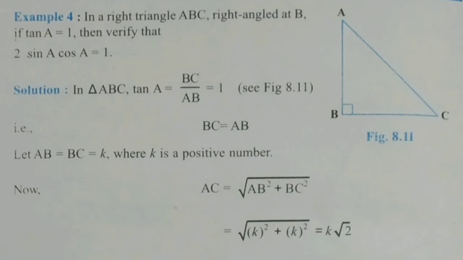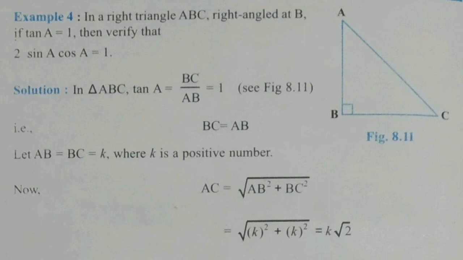In example 4, the value of tan ratio of an angle of a right angle triangle is given as 1, and we are asked to verify the relationship that twice the product of sine ratio and cos ratio of the said angle is equal to 1.